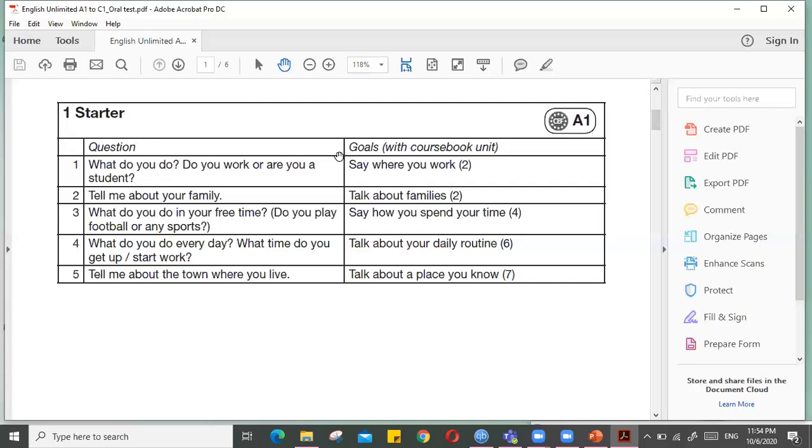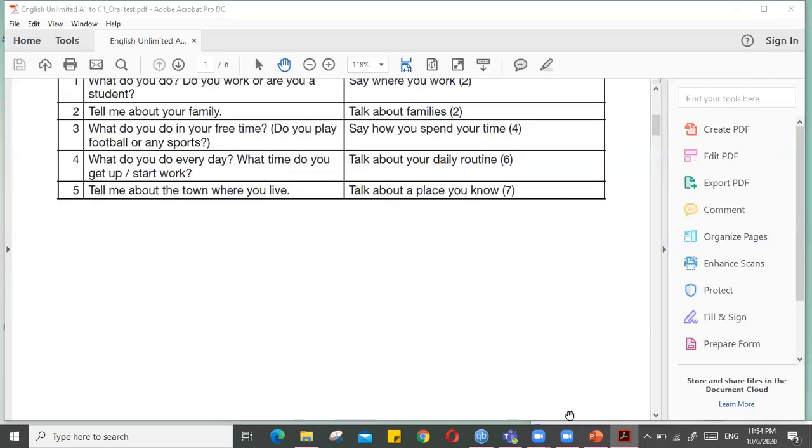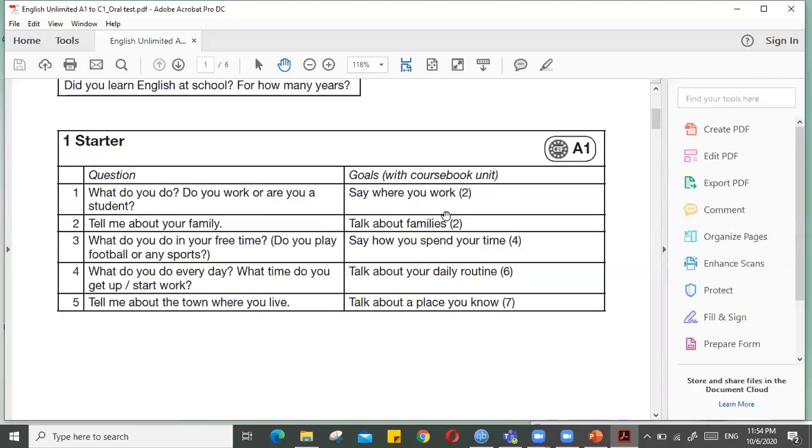So A1 is like starter or beginner, and somebody who's completely a beginner, they call pre-starter. So this depends. We can rely on those divisions, because even the oral test has the same division.